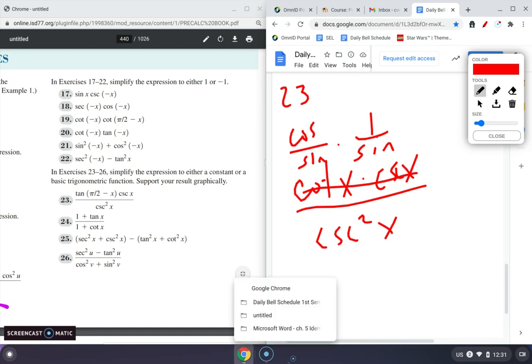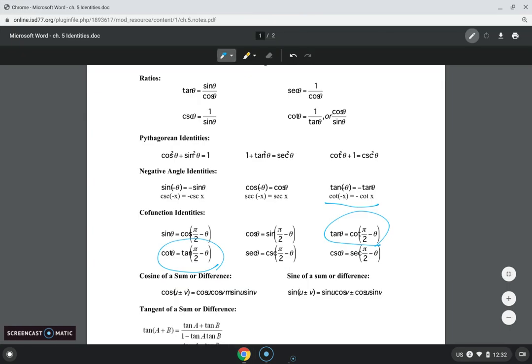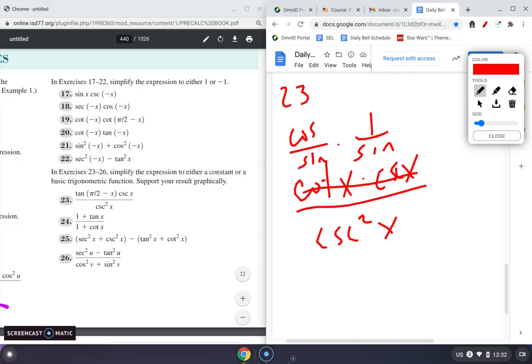cosecant squared, I don't think that's 1 plus cotangent. Hold on a sec here. Oh, yeah. Actually, we don't need that. So we've got cosecant x. We can get rid of that and get rid of one of these.